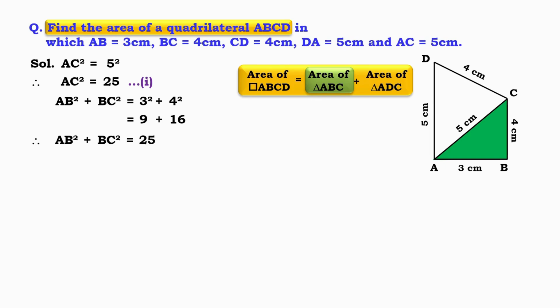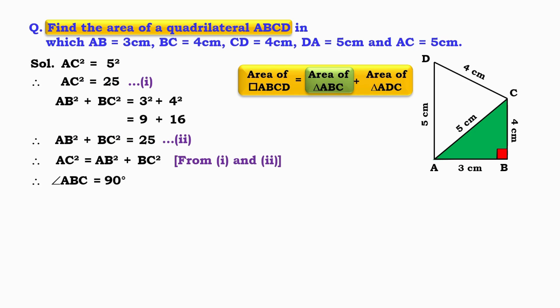If we compare equation 1 and equation 2, we got that AC square is equal to AB square plus BC square. So we conclude that this is the Pythagoras theorem, which means angle ABC should be 90 degrees by using the converse of the Pythagoras theorem.